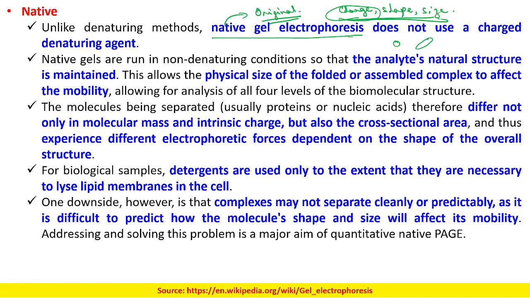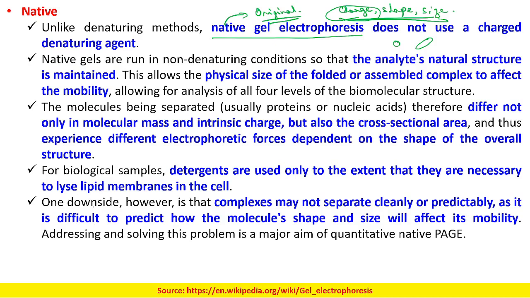Based upon the shape also it will happen, and the size also matters. The bigger the size, the lower will be the mobility of that analyte within the gels, even under the electrical field. So this is basically the difference between native gel electrophoresis and denatured gel electrophoresis.